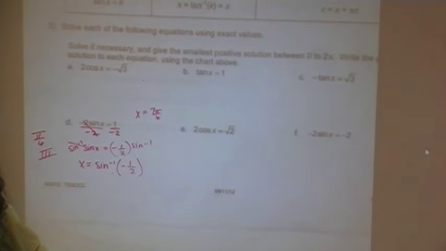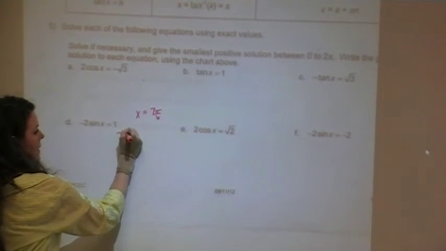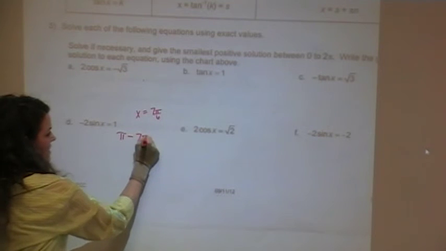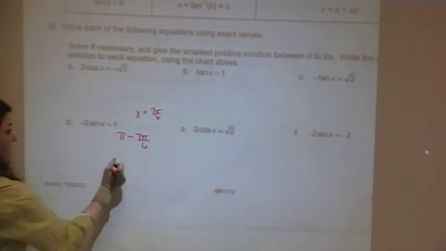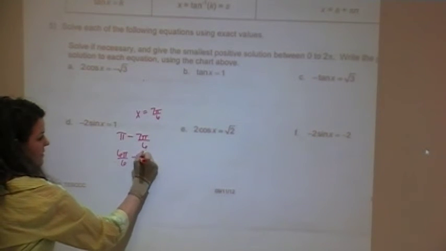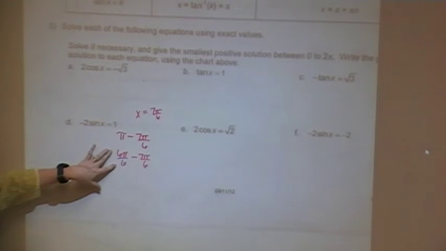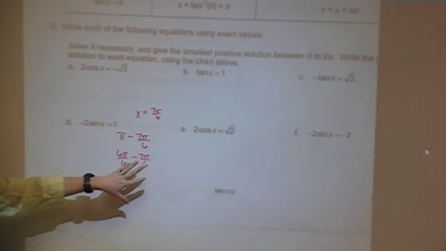We find that from pi minus the answer that it gave you. So, pi minus 7 pi over 6. Okay, I'm going to write that as 6 pi over 6 minus 7 pi over 6. Is everybody okay that pi is the same thing as 6 pi over 6? I did that just so I would have a common denominator.